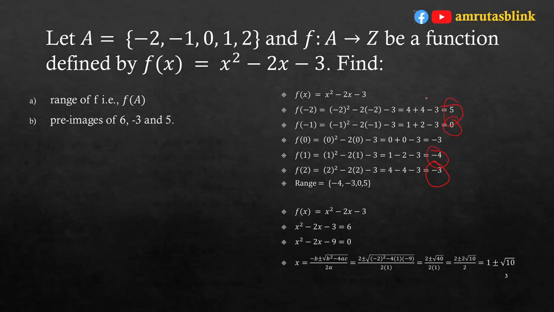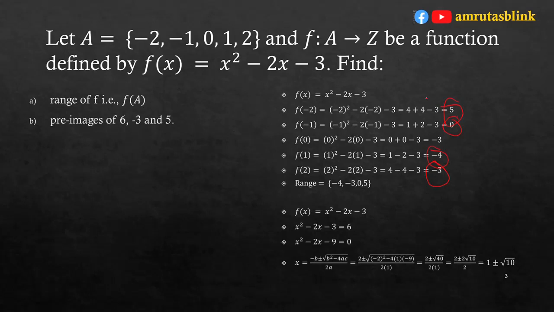By this formula, x is equal to minus b plus or minus under root b square minus 4ac upon 2a, where a is equal to 1, b is equal to minus 2 and c is equal to minus 9. By putting the values, we can find the value of x as x is equal to 2 plus or minus under root minus 2 bracket square minus 4 into 1 into minus 9 upon 2 into 1, that is 2 plus or minus under root 40 upon 2.